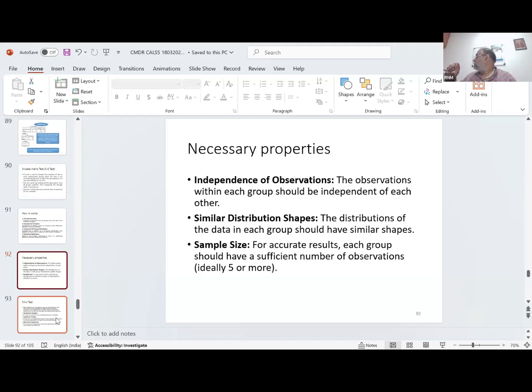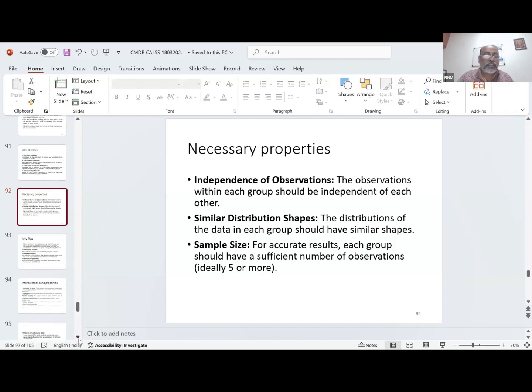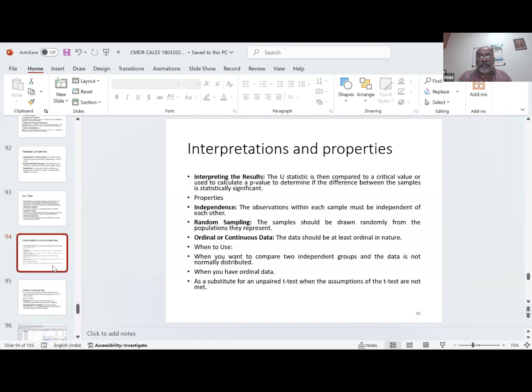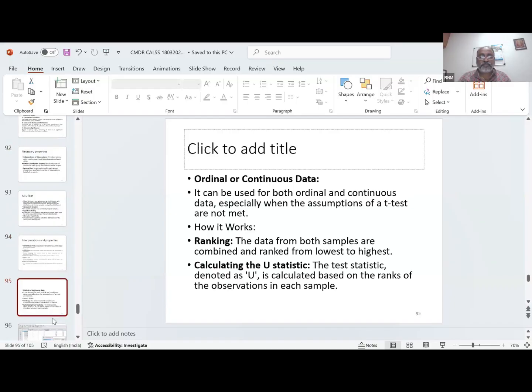Eight cells are there, because caste has four categories and gender has two categories, so the matrix is 4 into 2, a total of 8 cells. Each cell has to have a minimum of 5 observations, otherwise the statistics will be misleading. So it is not only 30, but cell-wise also you should have a minimum of 5 observations. This is the interpretation of the properties. You can look at it.